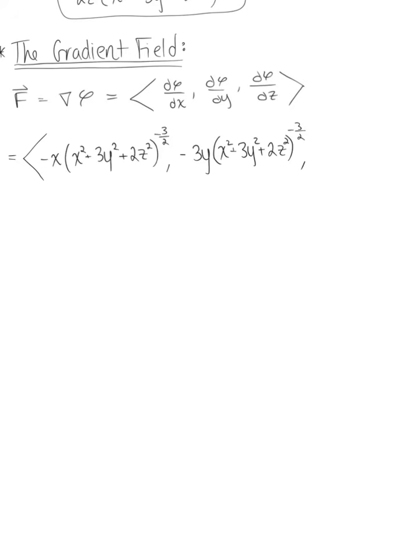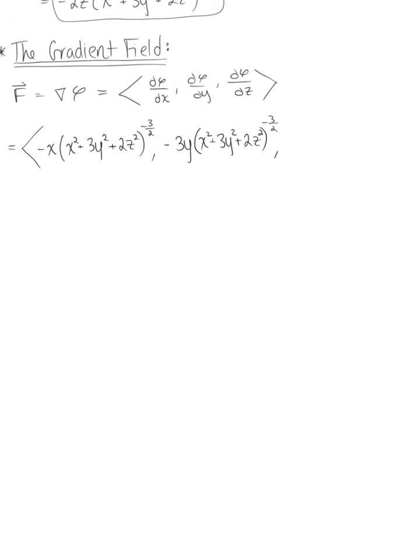And then last but not least, we have the z component, minus 2z multiplied by x squared plus 3y squared plus 2z squared raised to the minus 3 halves.